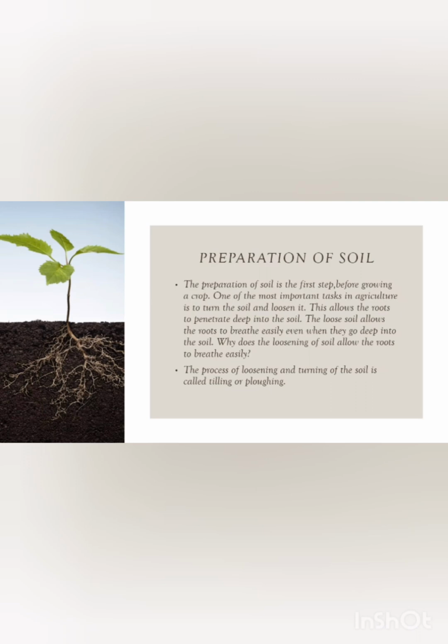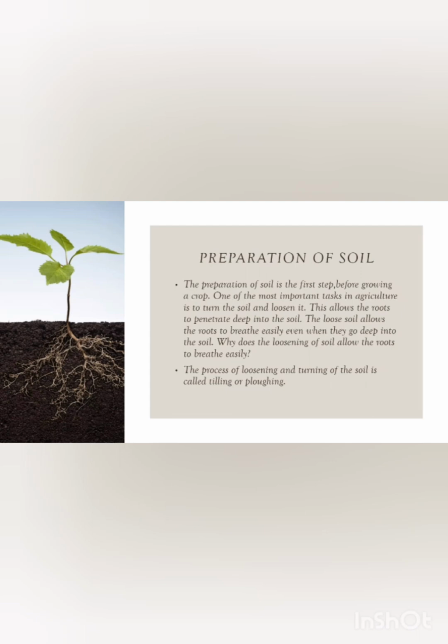One of the most important tasks in agriculture is to turn the soil and loosen it. It allows the roots to penetrate deep into the soil. The loose soil allows the roots to breathe easily even when they go deep into the soil. Why does loosening of soil allow the roots to breathe easily? Why do we loosen the soil?